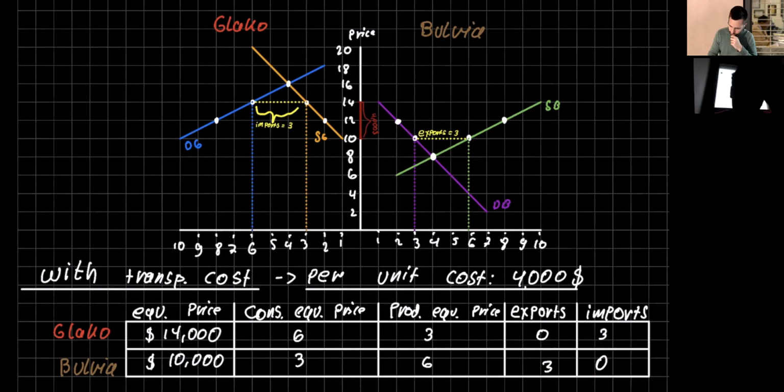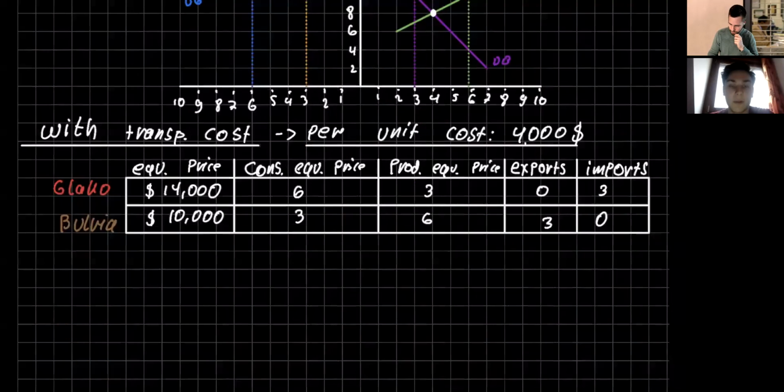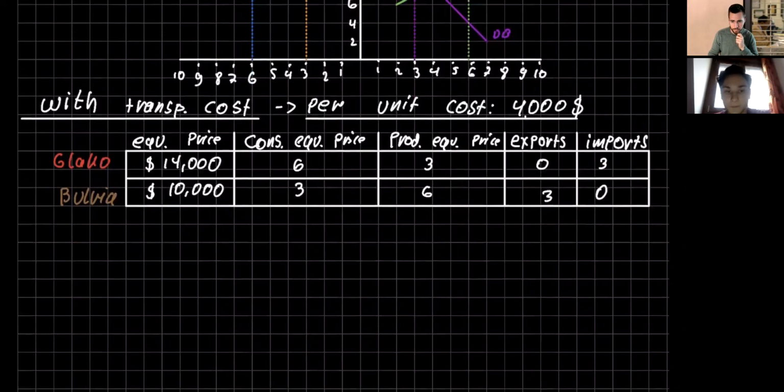On the opposite side, Bolivia is going to export 3 boats. They're going to produce 6 boats, and their demand is going to be 3. So 6 minus 3 is 3 as well, which means they're going to export 3 boats.